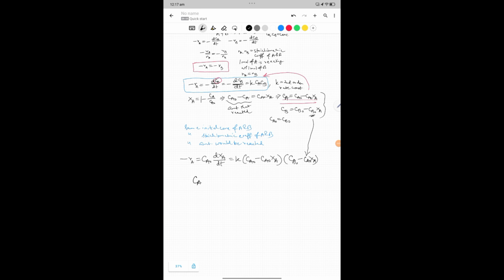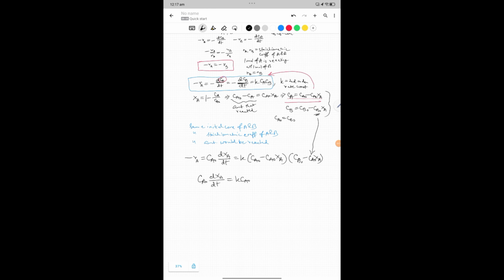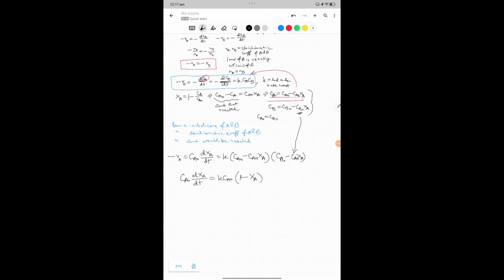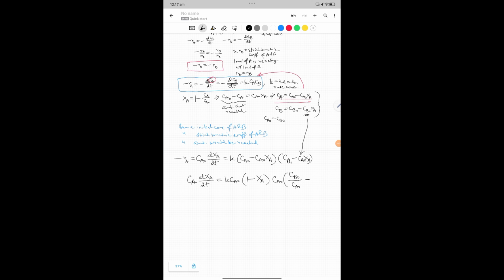So now on the left hand side we have CA0 dXA by dt is equal to k. We can take CA0 common, 1 minus XA, and from the second term we can take CA0 common too, so it will be CB0 by CA0 minus XA. One CA0 will get cancelled.